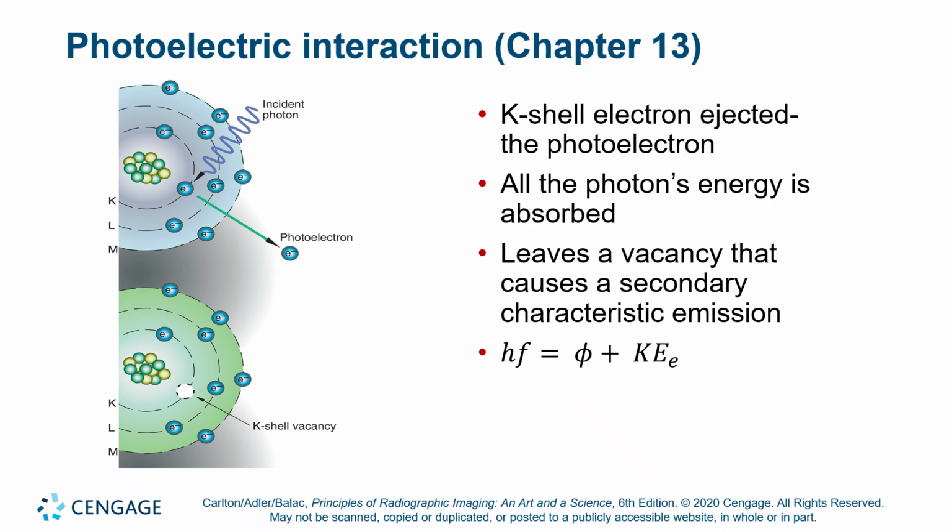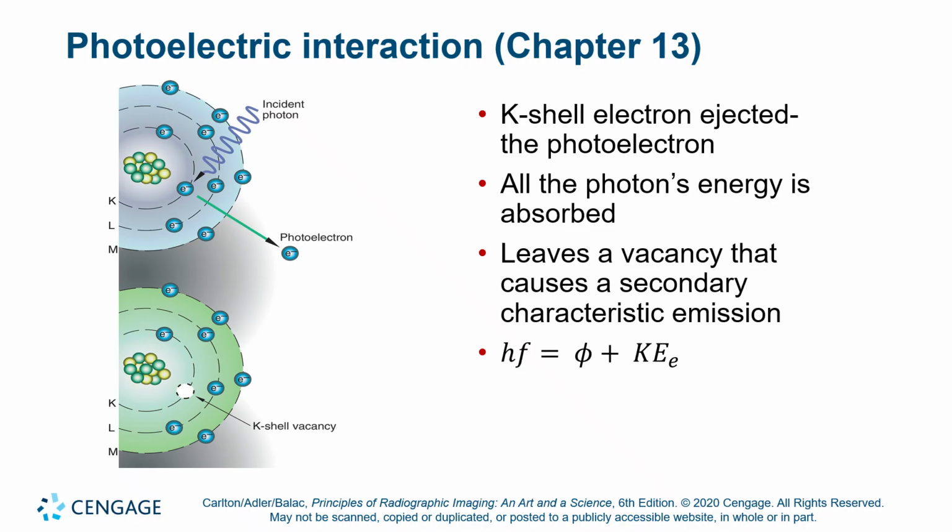And so electrons in the first shell, the K shell, have the highest binding energy. But when a photon has more energy than that binding energy, it can knock that electron loose.